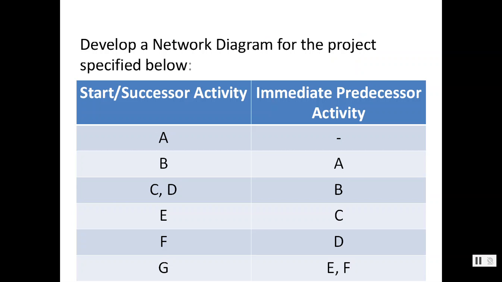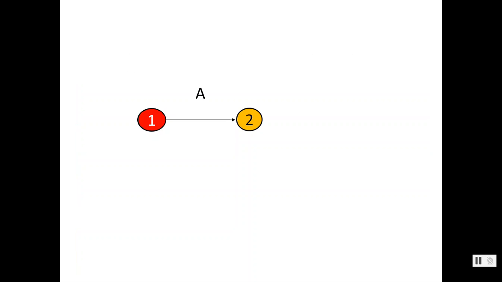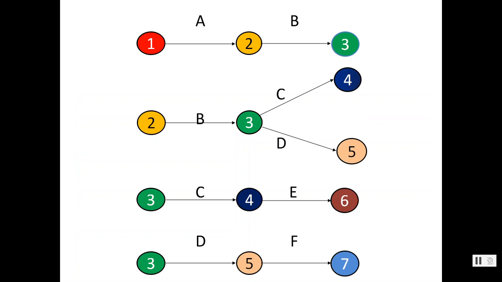Again we go back to it. So E is the successor of C, or C is the immediate predecessor of E. Here we see, E is the immediate successor of C. What does it mean?